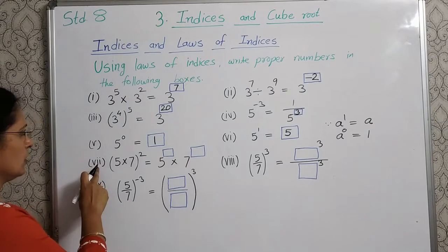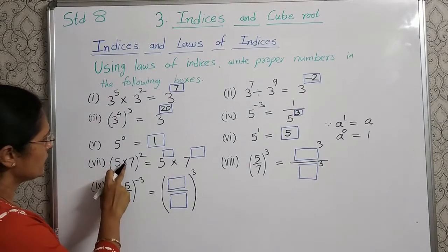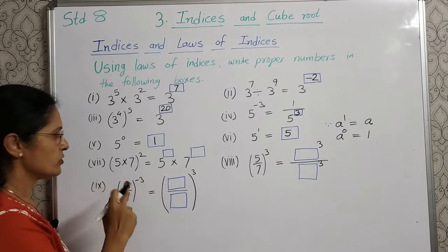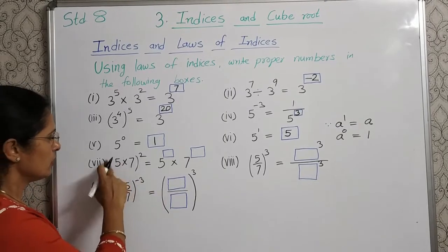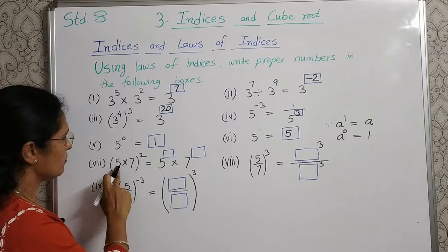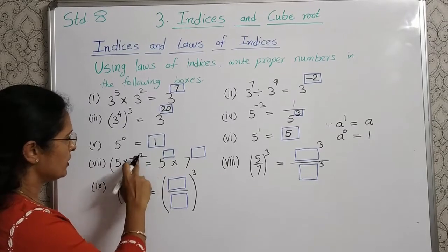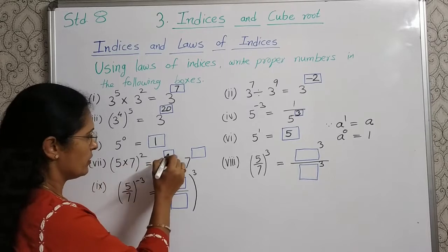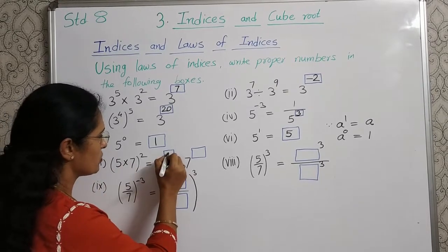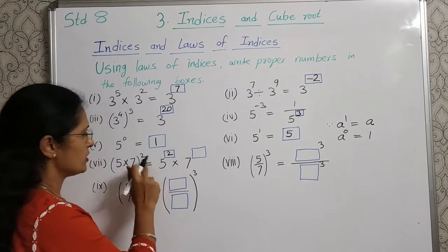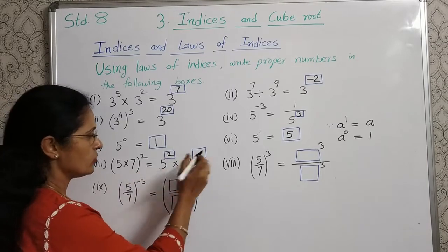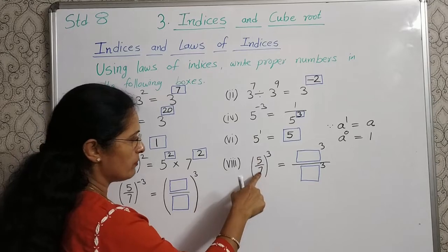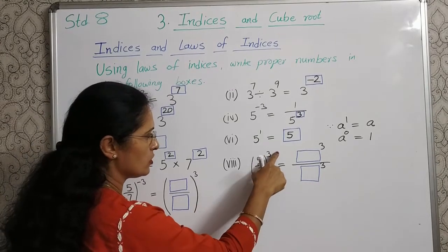Next, 5 into 7 bracket square. So here we'll use the law a into b raised to m. So it will be a raised to m and b raised to m. So we'll separate that index with the bases. So 5 square, here 2 is there. So we'll write 5 square into 7 square. Next, 5 by 7 bracket cube.